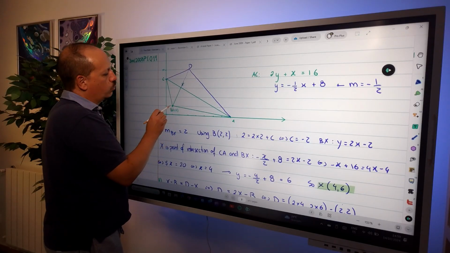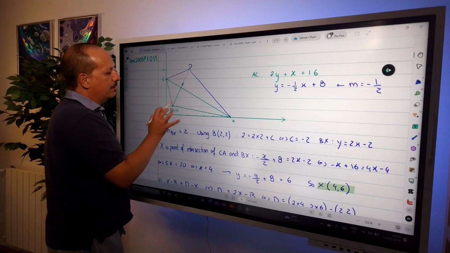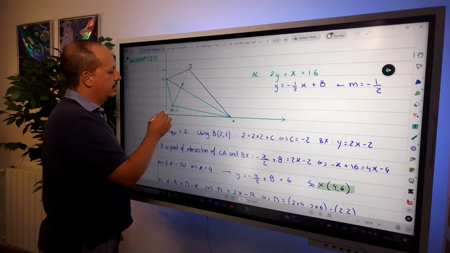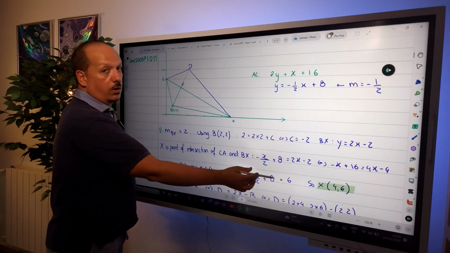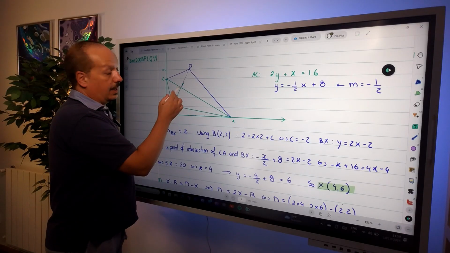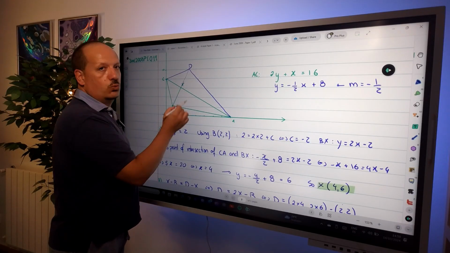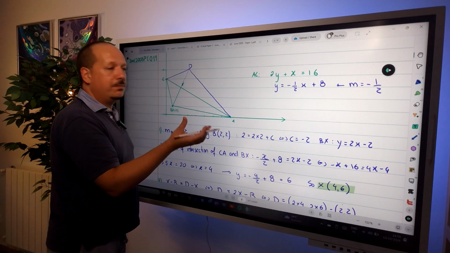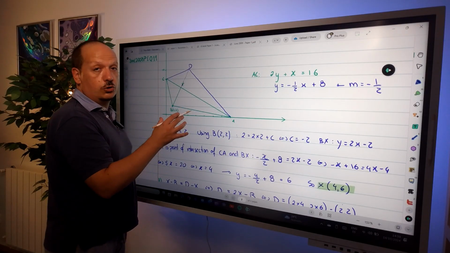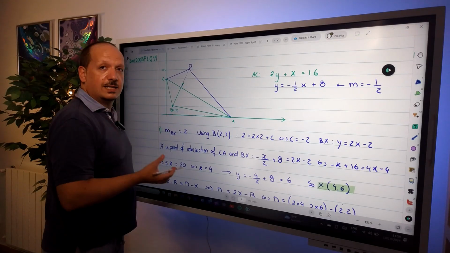So what was the amount by which the x-coordinate increased from B to X? It went from 2 to 4. So the increase from the x-coordinate of X to the x-coordinate of D should be the same. So if this is 4, the x-coordinate of D should be 4 plus 2, which is 6.